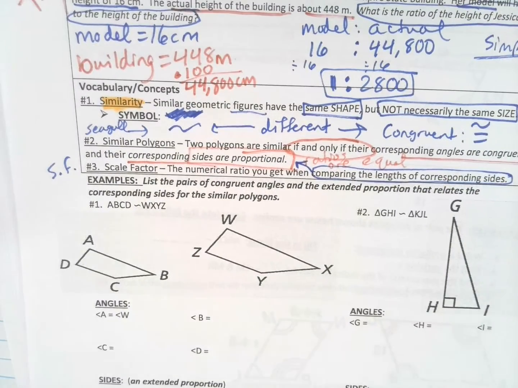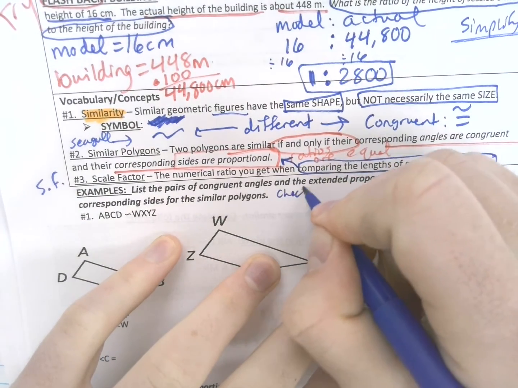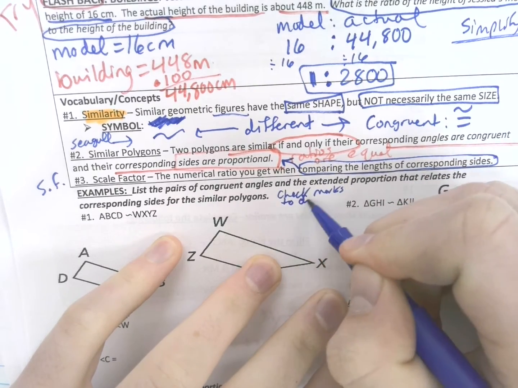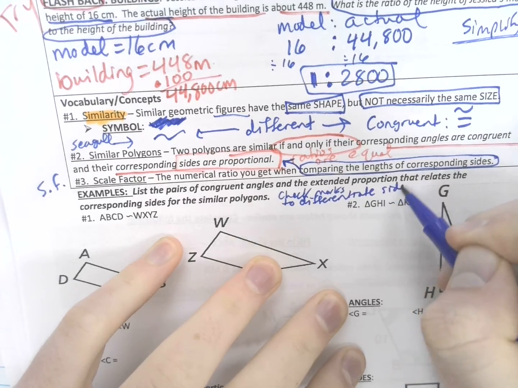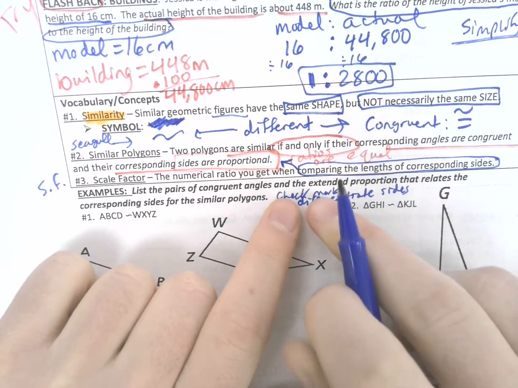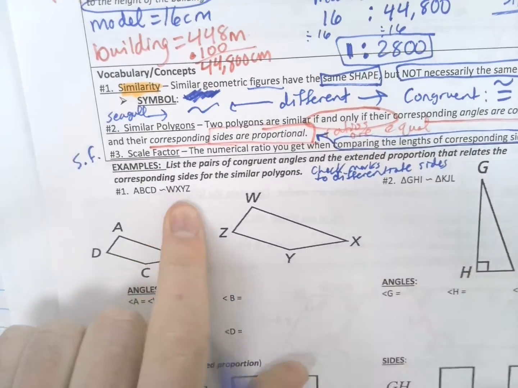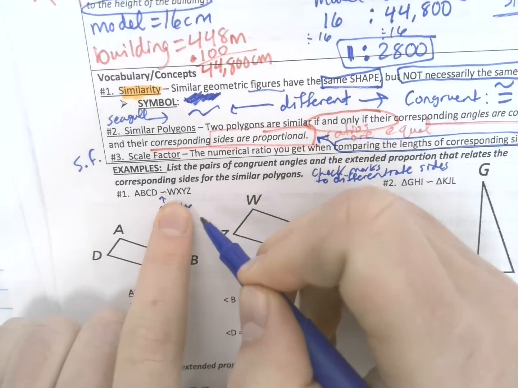Let's see how we do this. A lot of times I like to use check marks to differentiate sides. So for example, ABCD is similar to WXYZ.